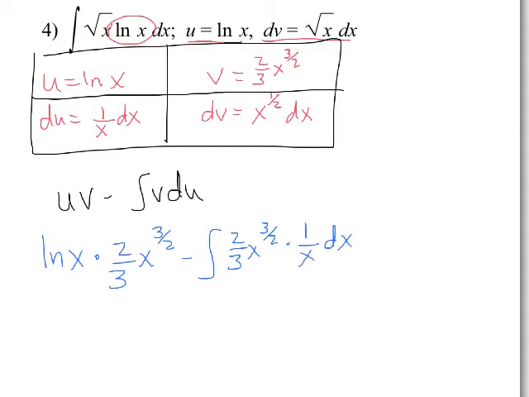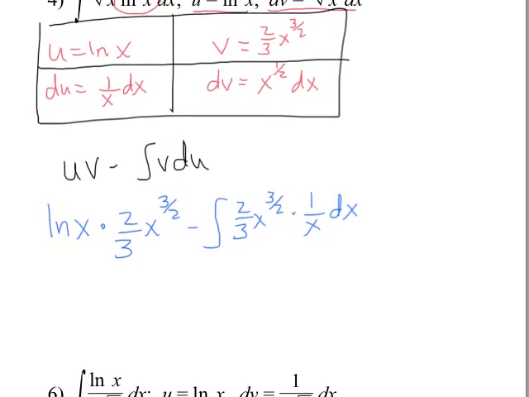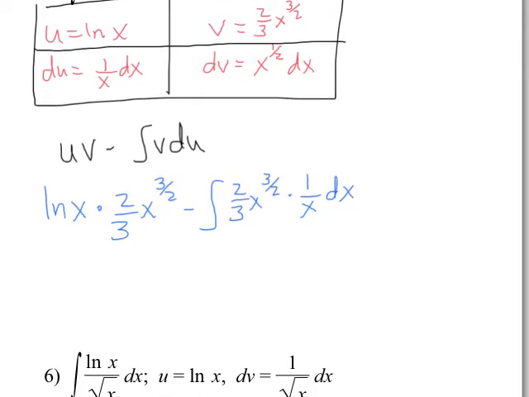So that would be the next part in the process that you would have to fill out correctly. And then from there you want to simplify and solve. Go ahead and pause it. I'm going to simplify it and solve it off camera.